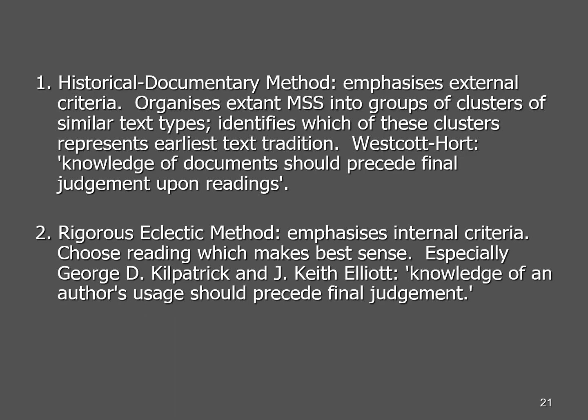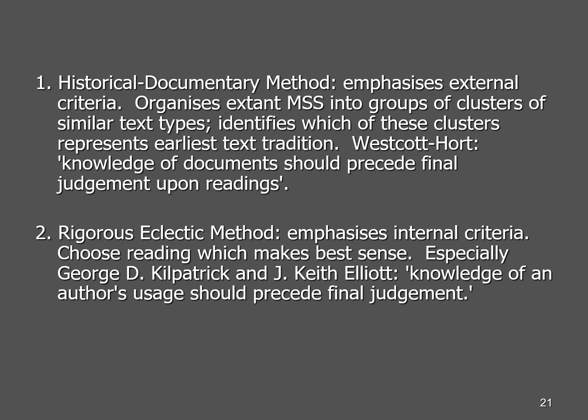First, there is one approach that might be called the historical documentary method of doing textual criticism. It emphasizes the external criteria and not the internal criteria, which we have yet to talk about. It organizes extant manuscripts into groups or clusters of similar text types, as we've talked about in this lecture. It identifies which of these clusters represent the earliest text tradition.